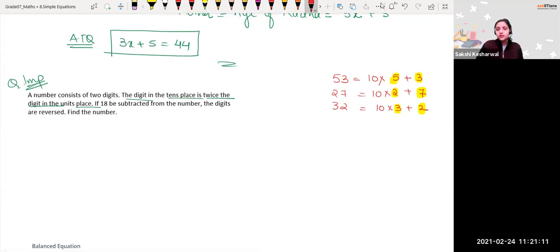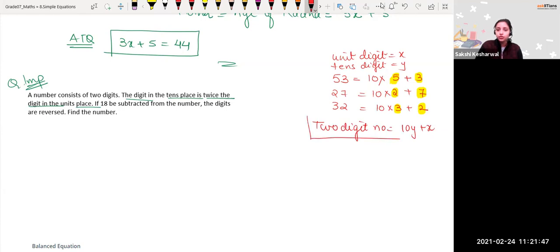Let the unit digit be x, and because the tens place is also changing, the tens digit is y. This is called the generalization of a two-digit number. So a two-digit number is equal to 10y plus x. Yes or no?